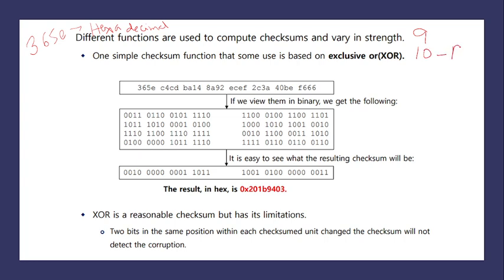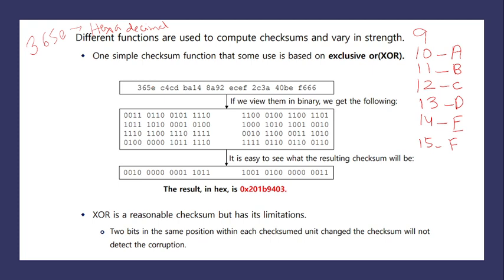So 10 is called A, 11 is B, 12 is C, 13 is D, 14 is E, and 15 is F, since the hexadecimal base is 16. Up to 15 the values are taken.